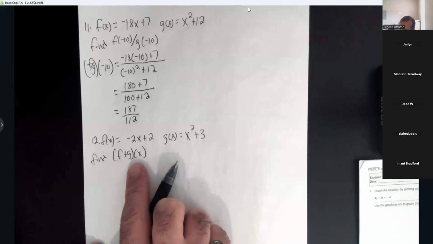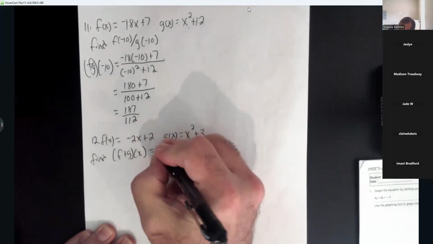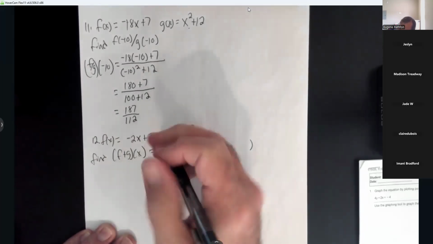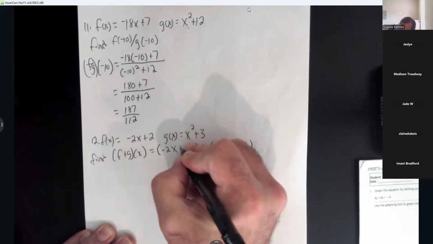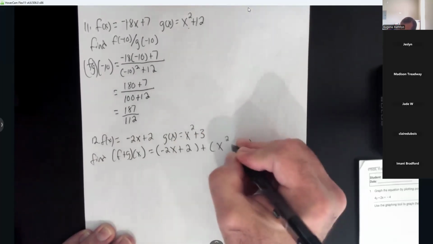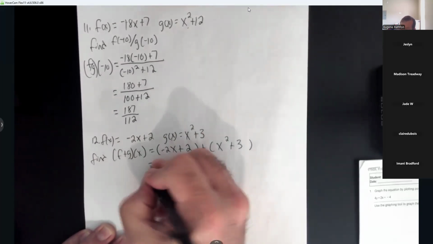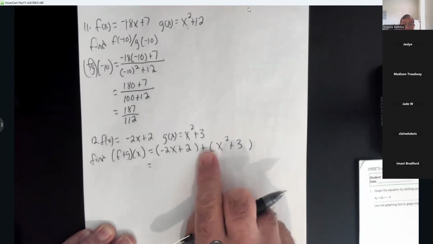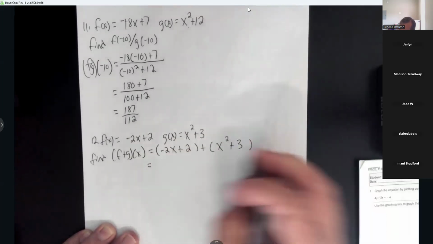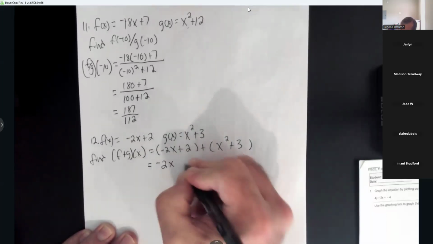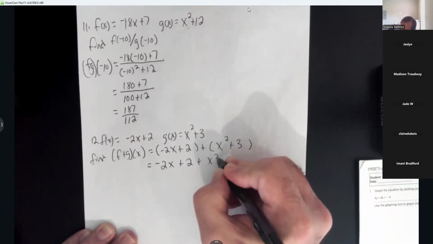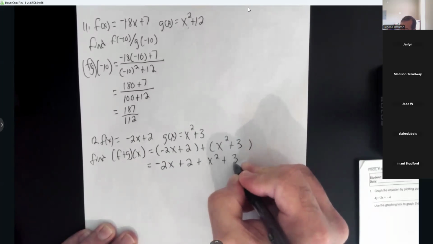All right, so f plus g of x will equal my f plus my g. f is negative 2x plus 2. g is x squared plus 3. So remember, anytime you're adding like this, we can drop the parentheses and bring everything out. So I got negative 2x plus 2 plus my x squared plus 3.